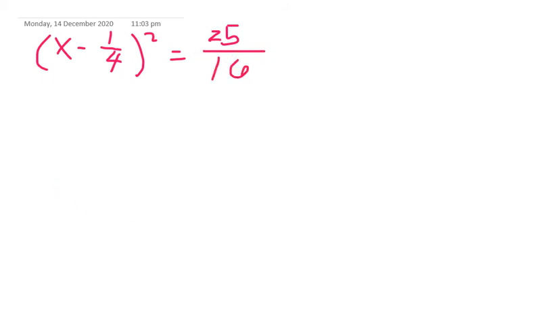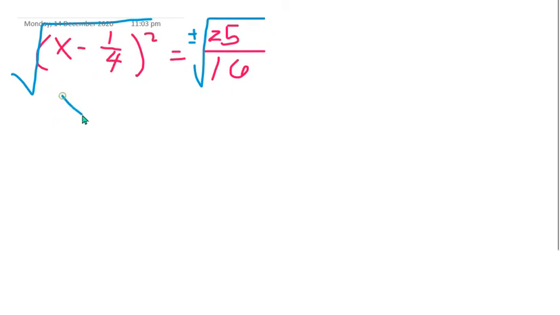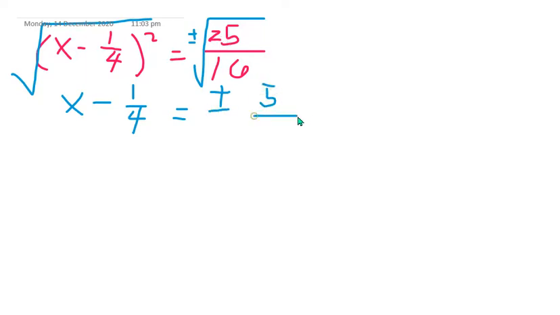Okay, and then extract the root, positive and negative square root. Then the square root of x minus 1/4 squared is x minus 1/4 equals positive and negative, the square root of 25 is 5, the square root of 16 is 4.